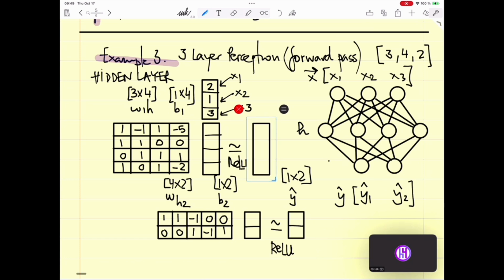We already know how to calculate it, because we have done it above, so I will not repeat. 0, 3, 5, 3. And now this is the output of the hidden layer.